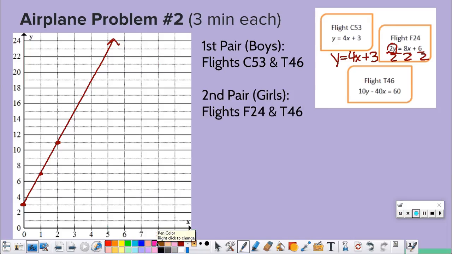Now, what about flight C53? What do you notice about flight C53? It's the same. Everything about that equation is the same. So I'm going to start at 3. I'm going to go up 4 over 1, up 4 over 1, and so on. I'm going to do a dotted line so that you can tell the other line is still there.